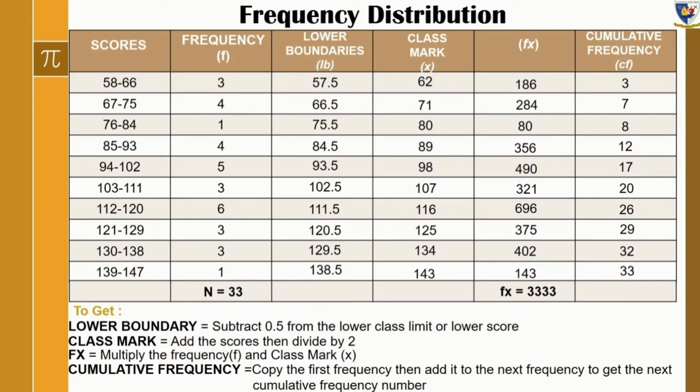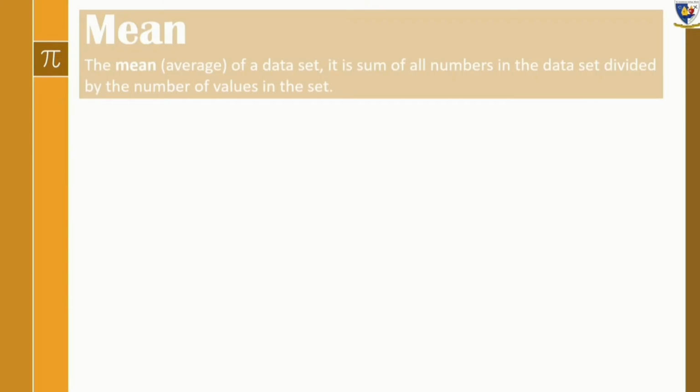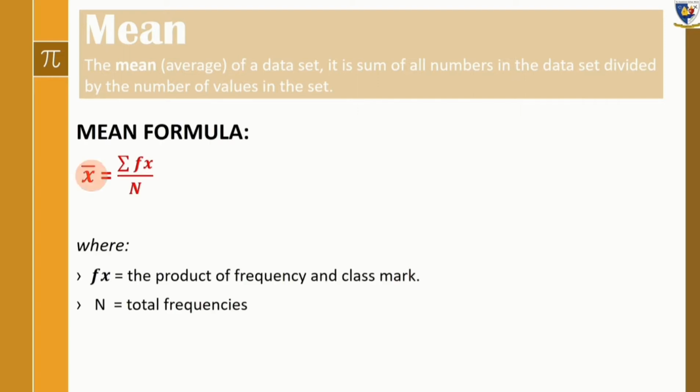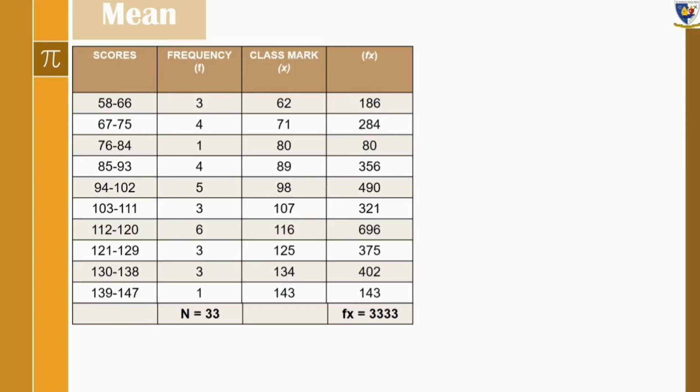Now, after getting all the data, we can proceed to solve the mean. The mean is the average of the data set. Mean is computed by the formula x bar equals summation of fx over n. Let's now try to solve the mean in this example problem. In mean, we just need the given data, which is scores and frequency, then the class mark and fx.